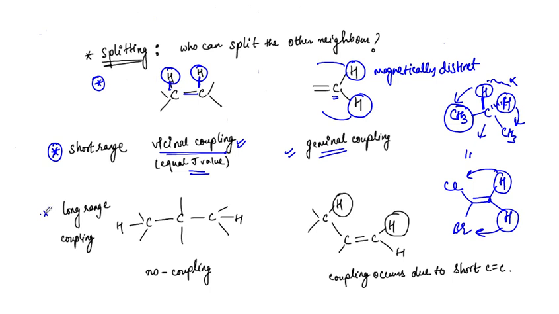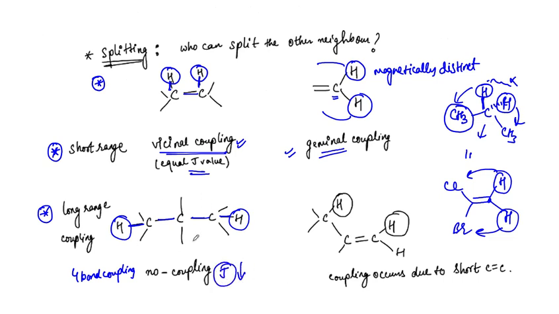Long range coupling we also have, but it is not seen very often. Basically, if the hydrogens are separated by 3 carbons, that is 1, 2, 3 and 4, it is a 4-bond coupling. These two hydrogens are very rarely seen to couple, or even if they do, the J value, the coupling constant, is going to be very low.